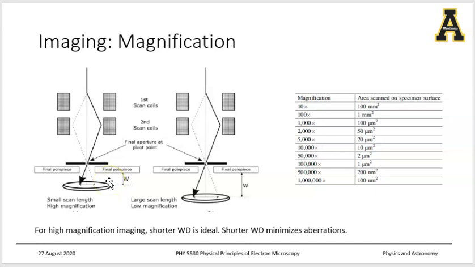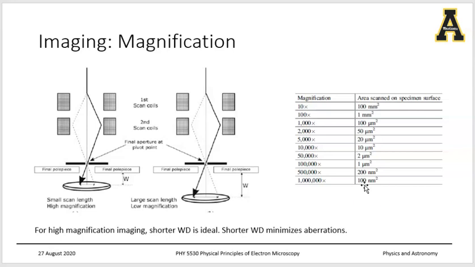Make sense? So this chart gives you an idea. A 10x magnification means you're scanning on the sample about 10 millimeter by 10 millimeter. Whereas a million x means you're scanning over 100 nanometer by 100 nanometer on the sample.